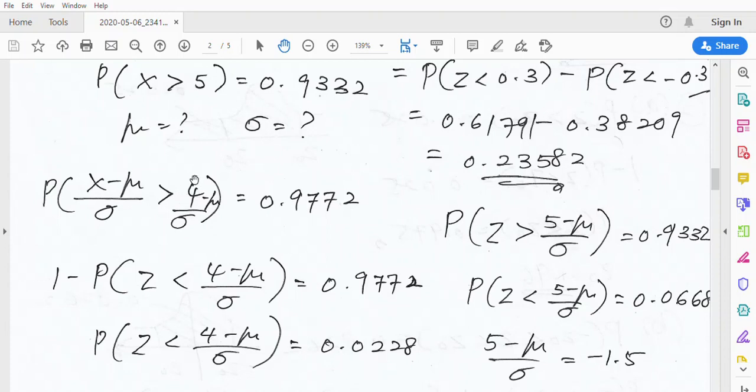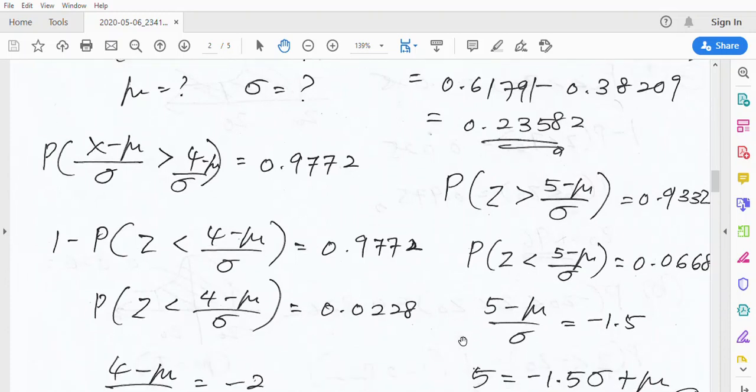When transferred, we will get this one and this one for exceeds 4 and exceeds 5. Then we minus with 1. This one also the same. Minus with 1, we will get 0.0668. This one 0.977. Sorry, 0.0228. Okay, we get both equations ready.